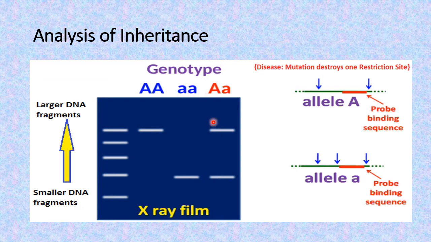And in case of a heterozygous sample, we will obtain this probe attached at both the sides. That is, we will obtain fragments of DNA of both lengths.